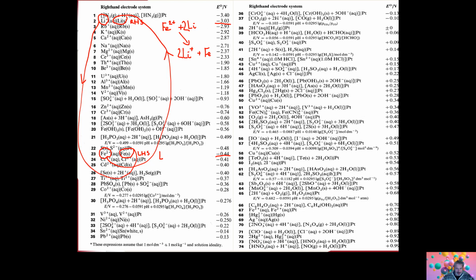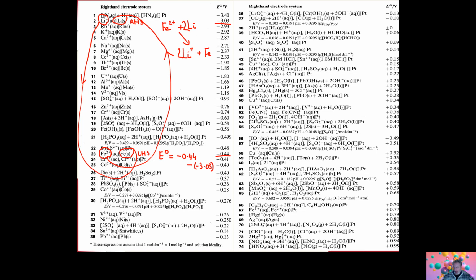So we can work out that E cell is going to be equal to, okay, so we've got minus 0.44, okay, which is the more positive, i.e. the least negative, minus, brackets, minus 3.03.